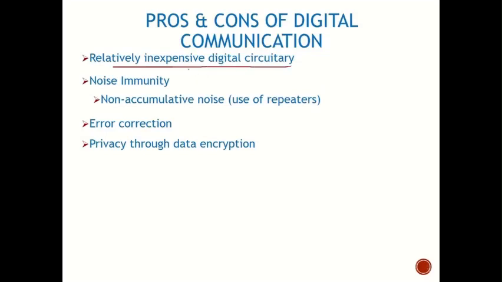Detection is excellent because in a digital signal we just need to detect 2 binary levels. We can perform error correction as well by using some sort of coding, and then we can encrypt the data as well. So instead of transmitting the actual data streams, we can add some encrypted extra bits to the signal just to make it more secure.